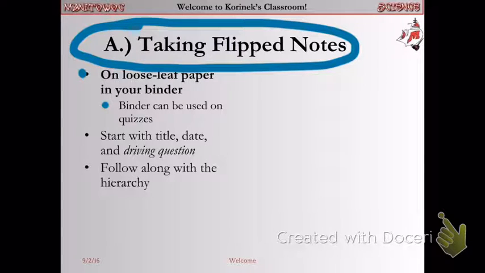You've got the big concept, taking flip notes. We've got a distilled down concept, a secondary concept, on loose leaf paper in your binder, and then a tertiary concept, which is even more indented: the binder can be used on quizzes. So that hierarchy is important. Whether you use bullets, numbers, Roman numerals, letters, that is completely up to you. Again, we'll evaluate those notes in class a little later on to see if your hierarchy does make sense.